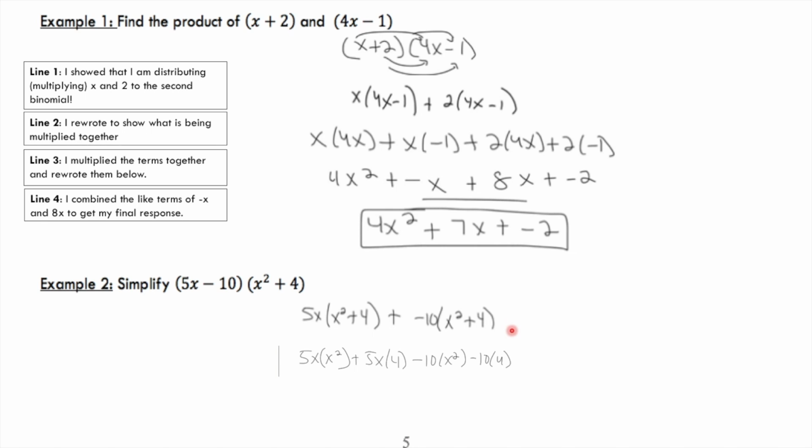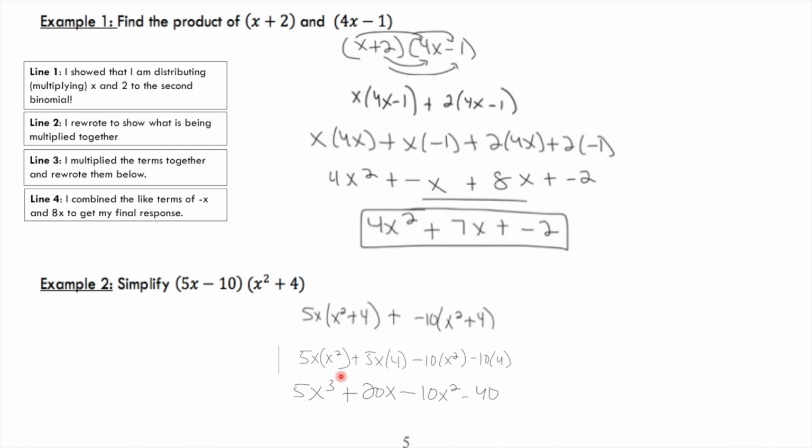Now I'm rewriting it like we did in line 2, and so I have 5x times x squared plus 5x times 4 minus 10 times x squared minus 10 times 4. So now I have 5x cubed plus 20x minus 10x squared minus 40, like we would do in line 3.